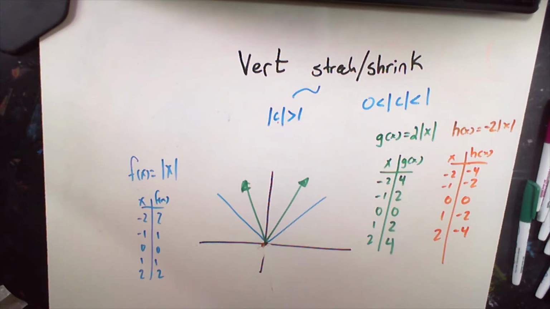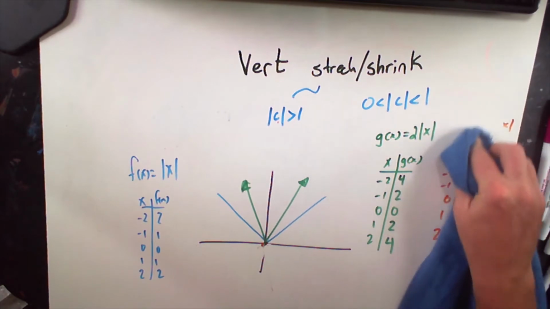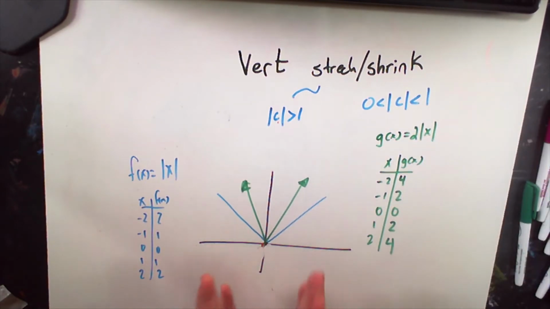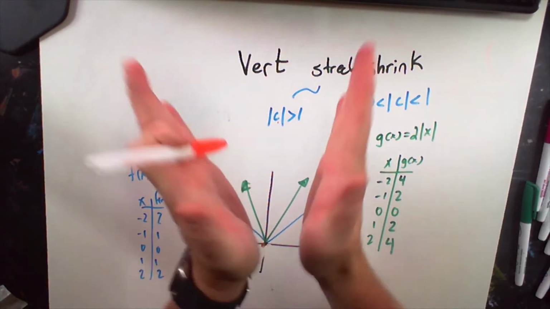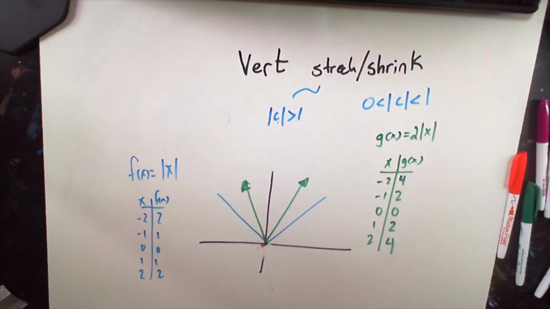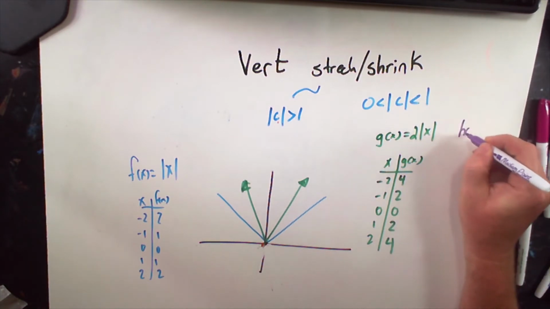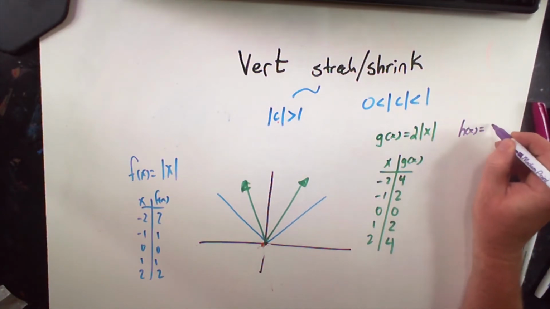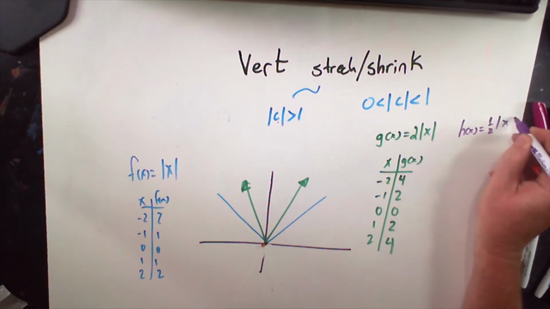So anyway, talking about the shrink now. So notice the vertical stretch caused it to be more narrow. If we were to take a function, we'll call it h of x again and make that 1/2 the absolute value of x.